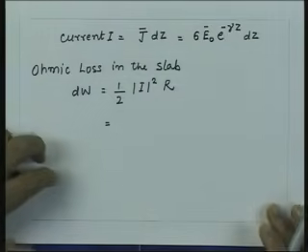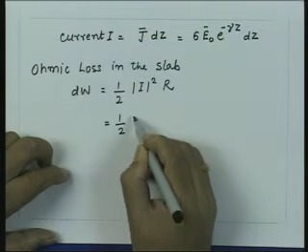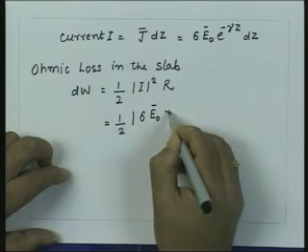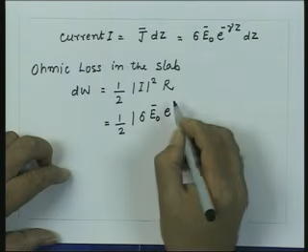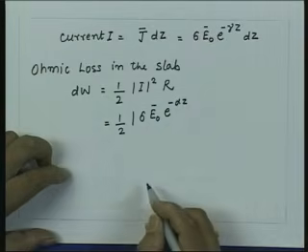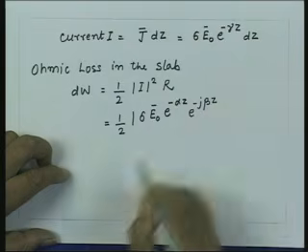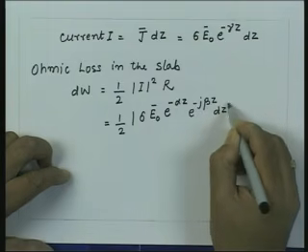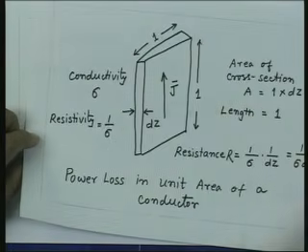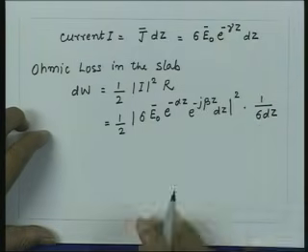So this will be half mod of sigma E 0 e to the power minus gamma z, which I can expand to get e to the power minus alpha z e to the power minus j beta z, dz, squared, and the resistance is 1 upon sigma dz.